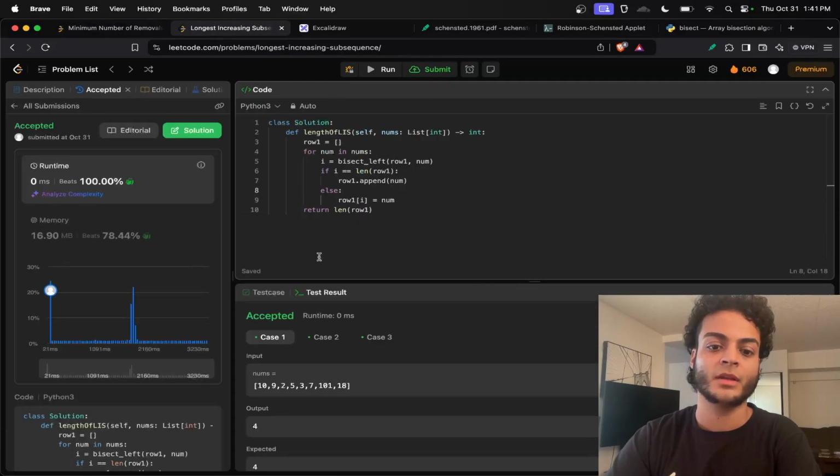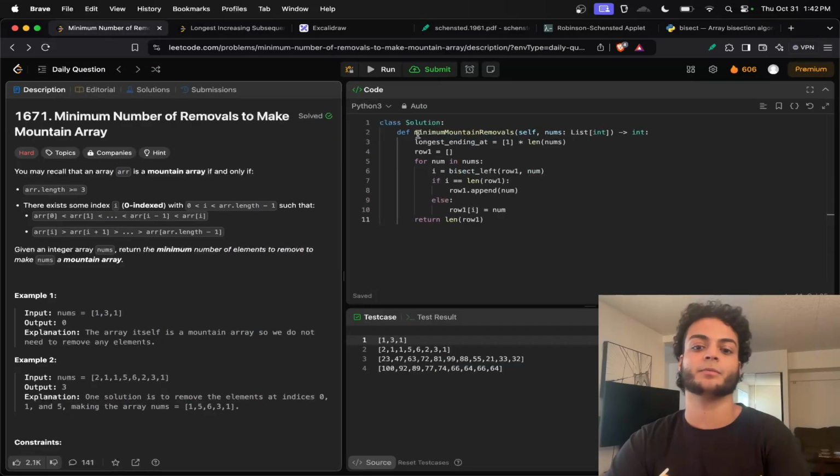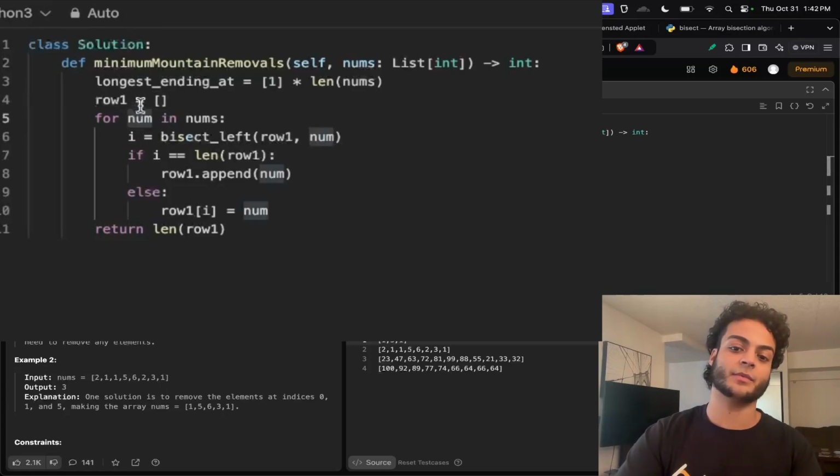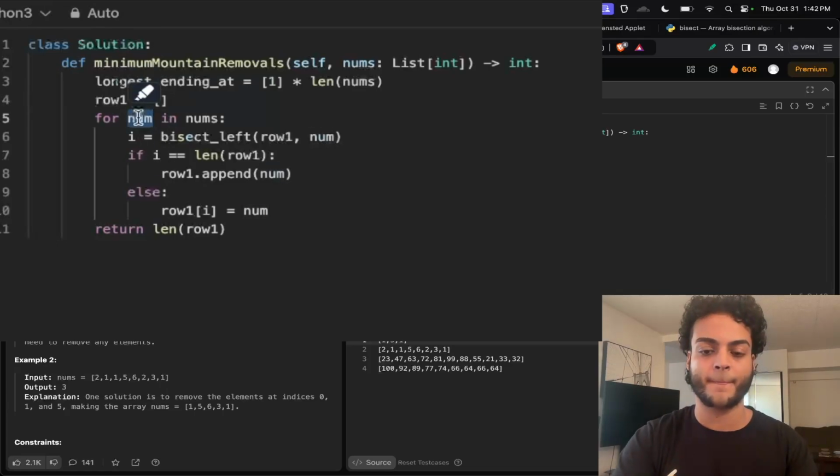So instead of taking the length of the row, we're going to have to look at the index of insertion, because we know for sure that the number that we just inserted will be at that index, right? So it'll be clear when I implement it here. We have our top row. We're going to say for num in nums. Actually, what I'm going to do is I'm going to say for peak, num in enumerate nums, so that I have the position as well.